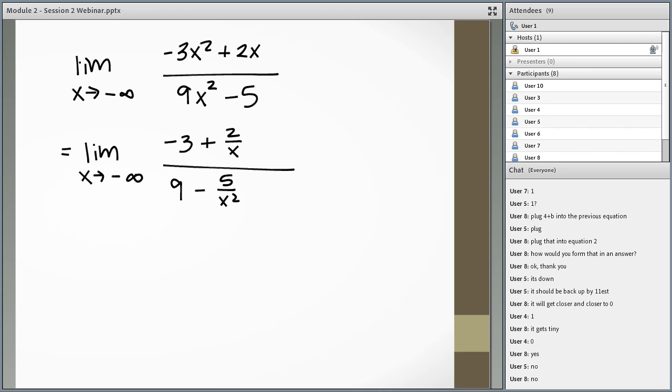So even though x is approaching negative infinity, it's still a very large negative number, which is still making 2 over x go to 0. And it's still making 5 over x squared go to 0. So we still end up with the same thing.